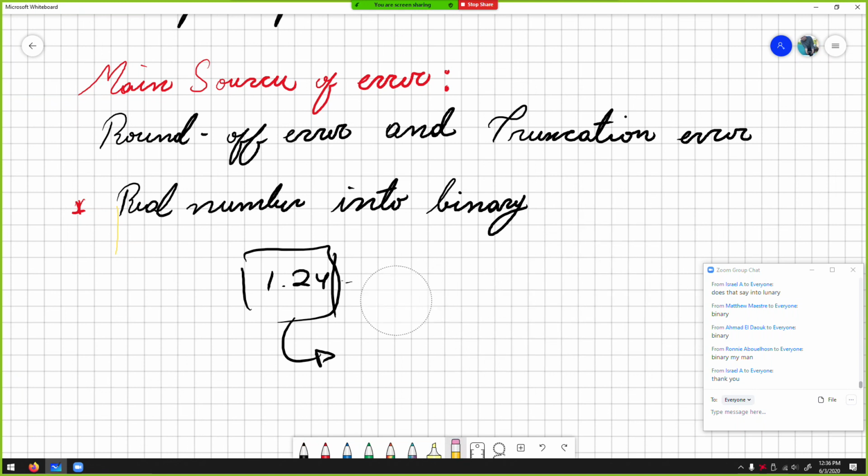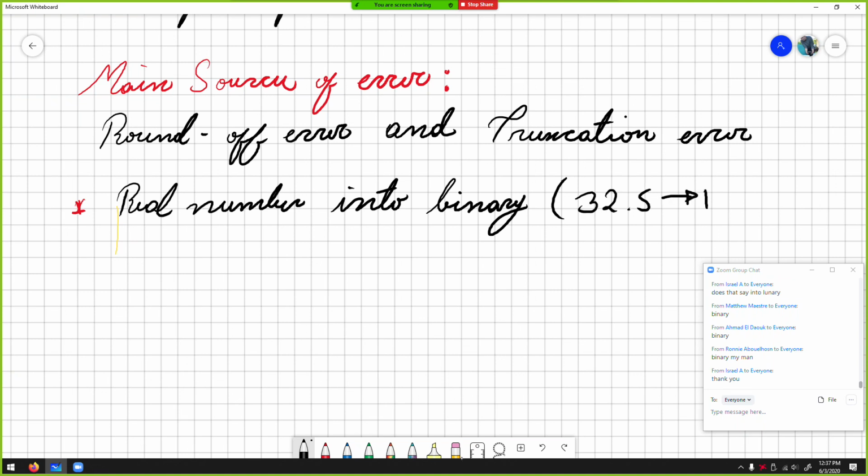And when you're practicing, when you're working on going from real numbers into binary, try something difficult. Try something like 32.5 into binary. And the reason for this is because if you take an integer into binary, you're gonna get an exact value.